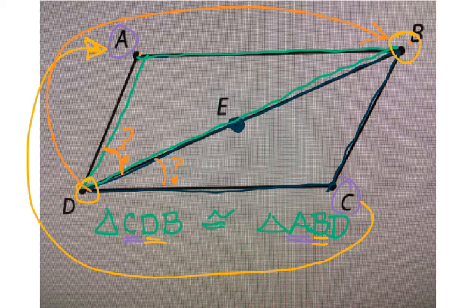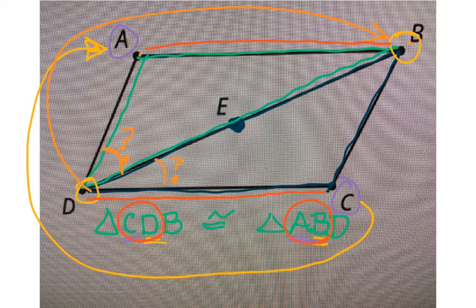And what else do we note? If you look at the triangles, and I'm going to see if I can do this in red, CD, right here, I'm going to draw a circle around it, and AB are corresponding, meaning they mapped.